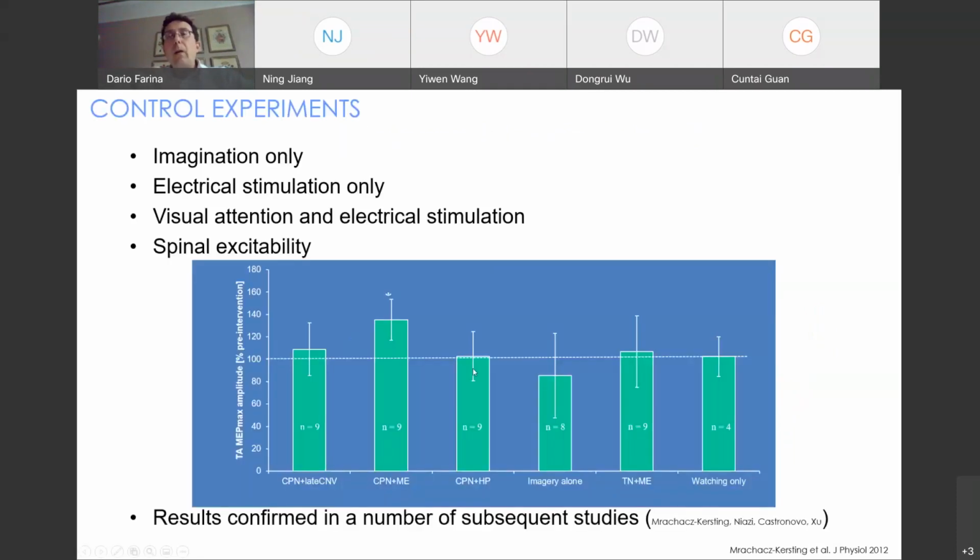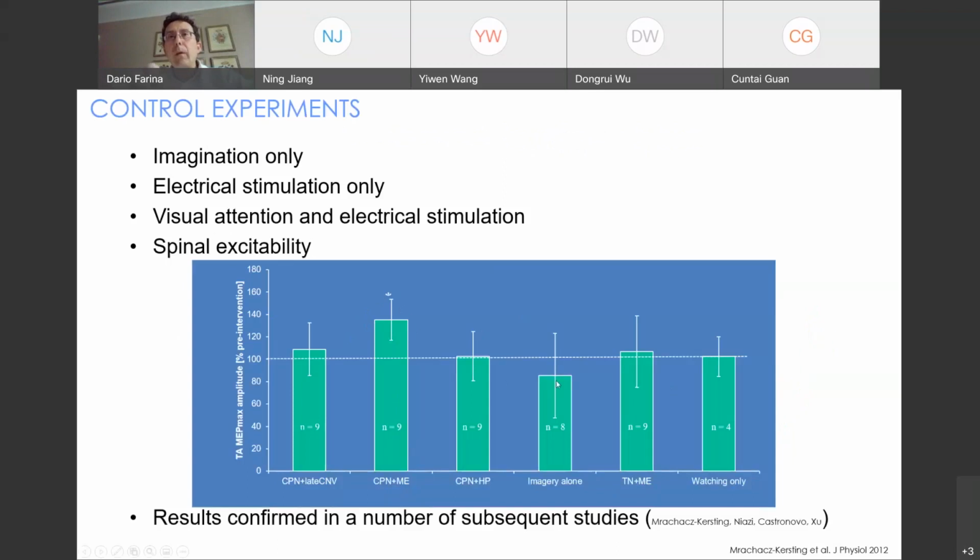We also had a number of control conditions. I will not go into details. This is in a paper published some time ago, in which you have the condition that I've described, an increase in the motor evoked potential when we have the exact timing.